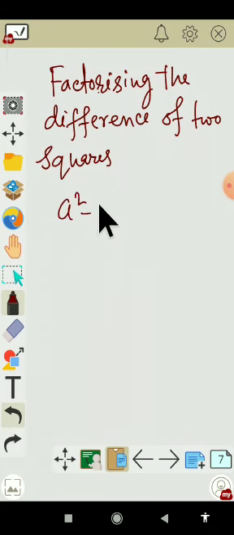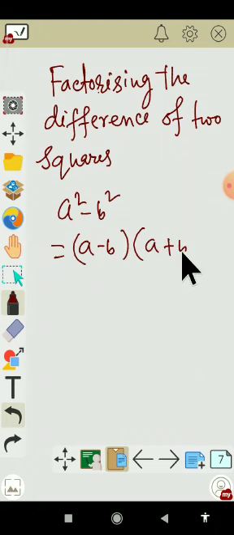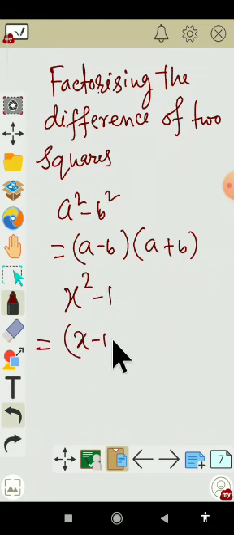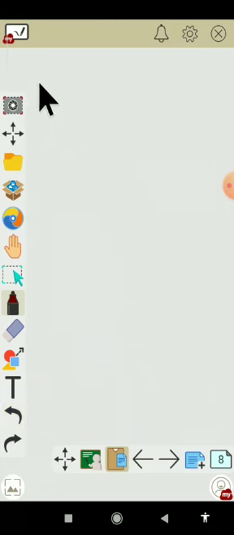So here, a square minus b square, this formula will be applicable, that is a minus b into a plus b. Suppose first we will do the simple one: x square minus 1 is given. So we can write x minus 1 into x plus 1.